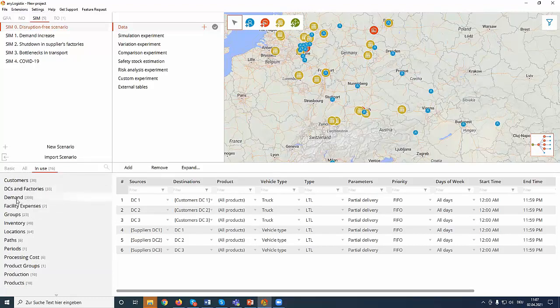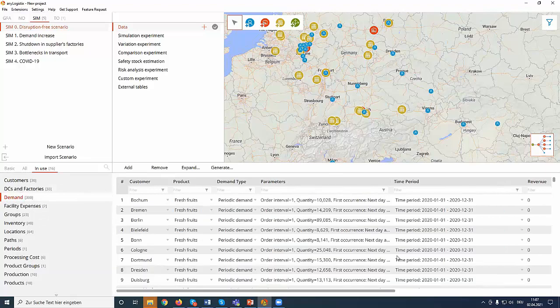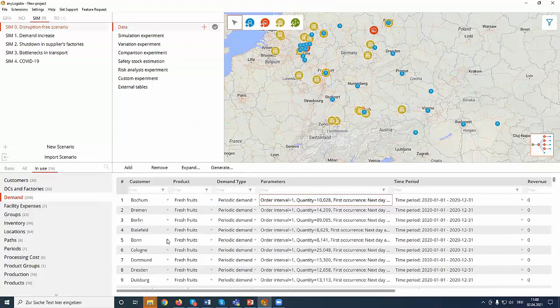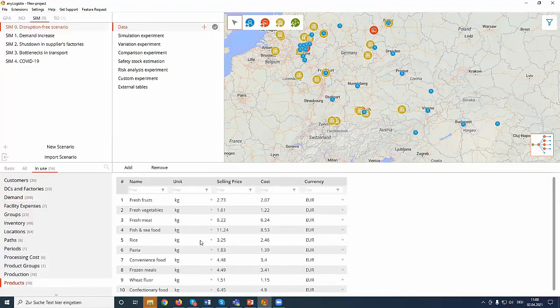For customers, demand should be determined for simulation experiments. Here we associate some daily demand quantity for each product group for each customer. In total, we have 10 product groups with associated units, selling prices, and costs.